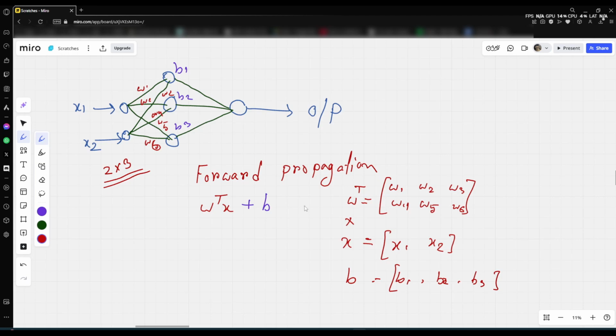Matrix is also used in regression, for the formula y equals mx plus c, where m could be m1, m2, and x could be x1, x2. These are just some basic examples.